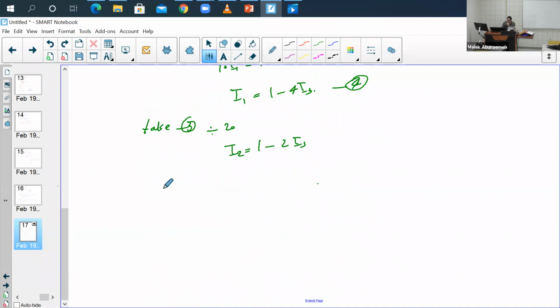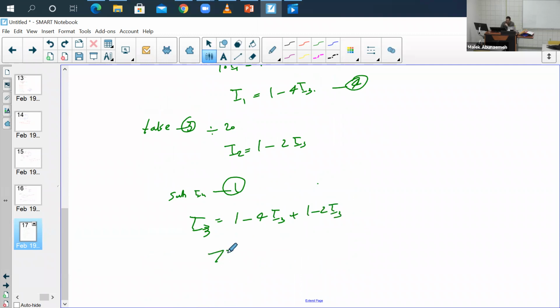That means you substituted in 1. So I3 is going to equal 1 minus 4 I3 plus 1 minus 2 I3.